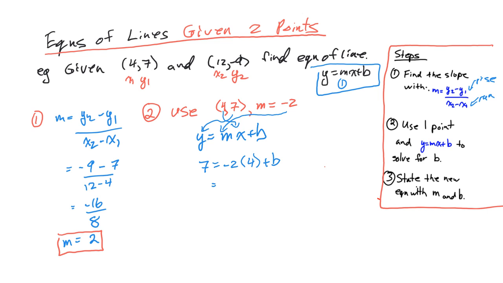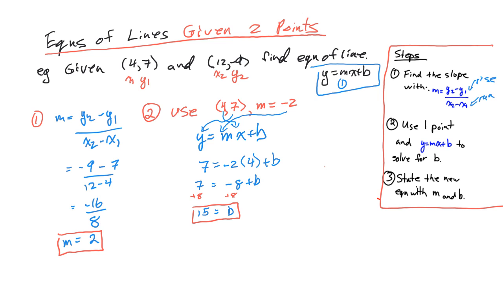So we have negative 2 times 4 is negative 8 plus b. So that means 7 is equal to negative 8 plus b. And now if we add 8 to both sides to get b by itself, we end up with 15 is equal to b.